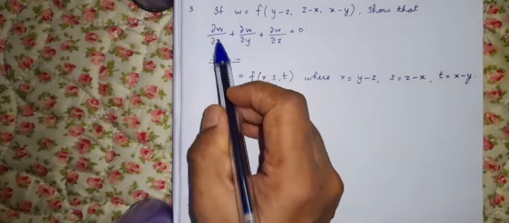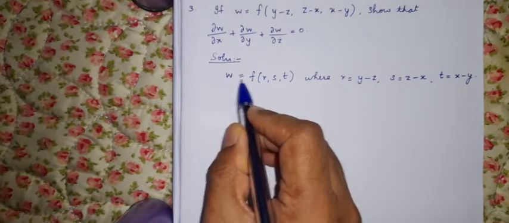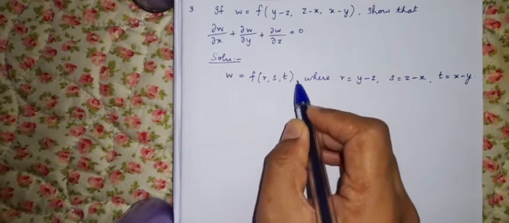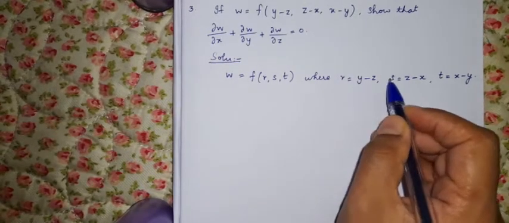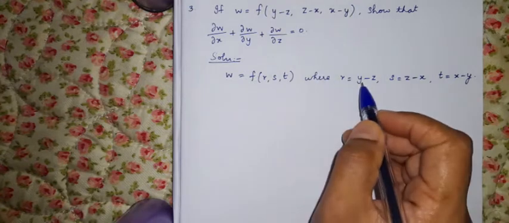Now we need ∂w/∂x, but we have w as a function of r, s and t only. r, s and t are functions of x, y and z.